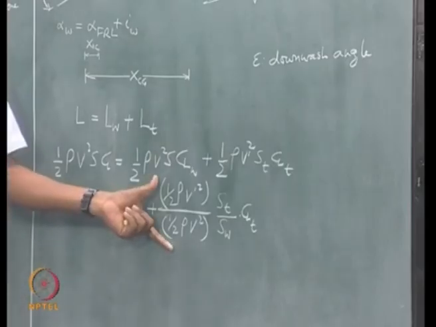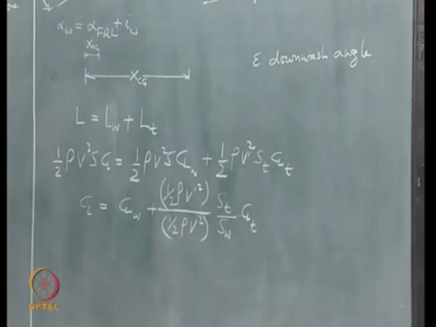What is this quantity? This is the ratio of two dynamic pressures, right.